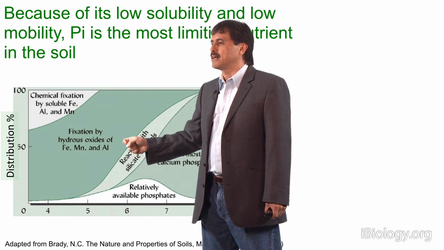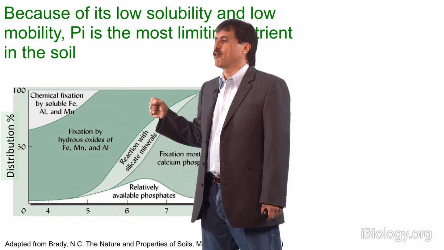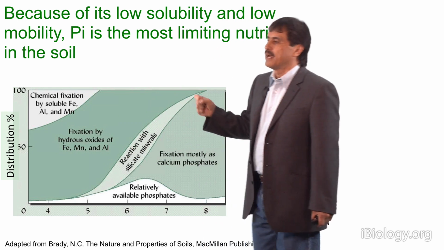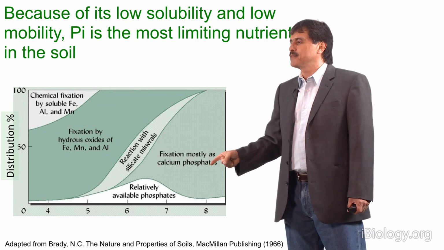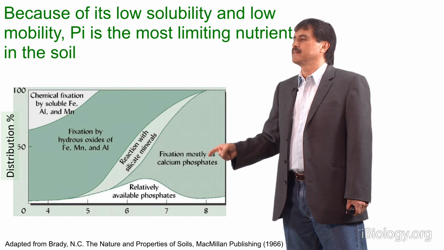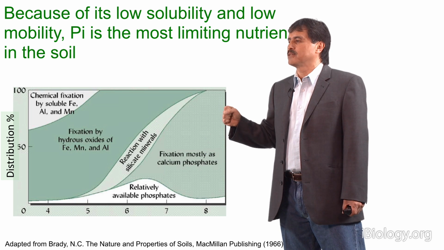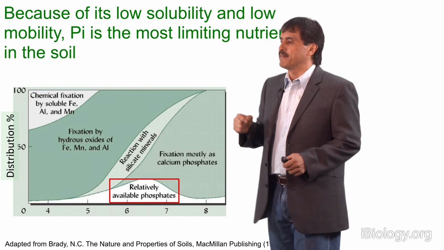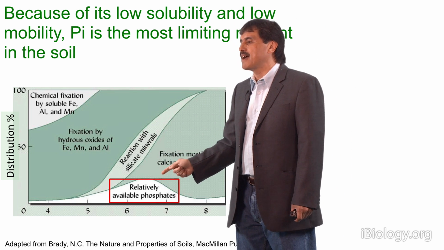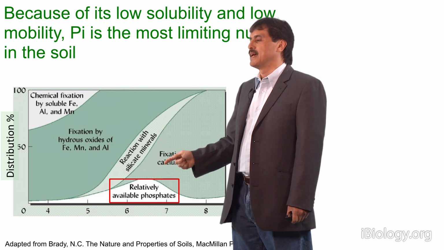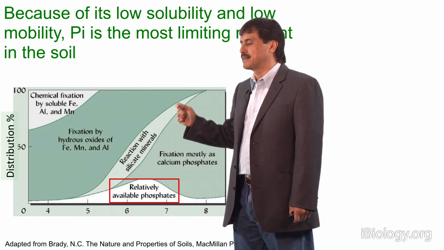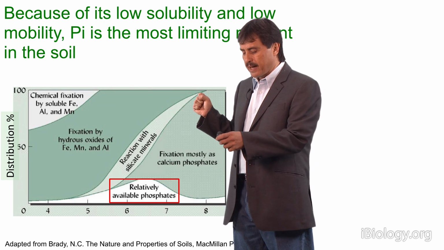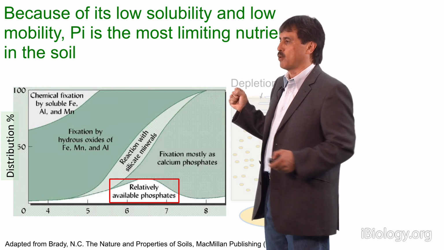At other acidic pHs, it forms complexes with oxides. At alkaline pHs, we find phosphate mainly associated with calcium, and it becomes relatively unavailable to plants. So there is a very narrow range of pHs in which the phosphate is readily available for plant uptake, and it can be assimilated for plant growth.